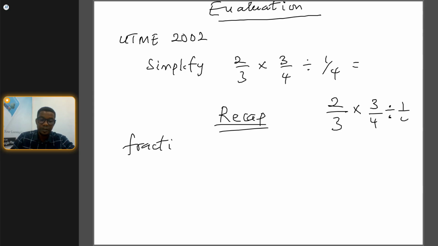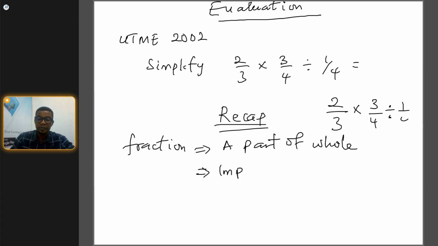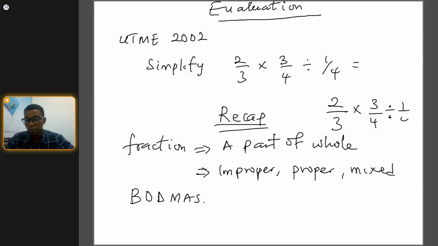We define fraction as a part of a whole, and we also considered the types of fraction. We said we have the improper fraction, the proper fraction, and also the mixed number. We also touched the rule of BODMAS.